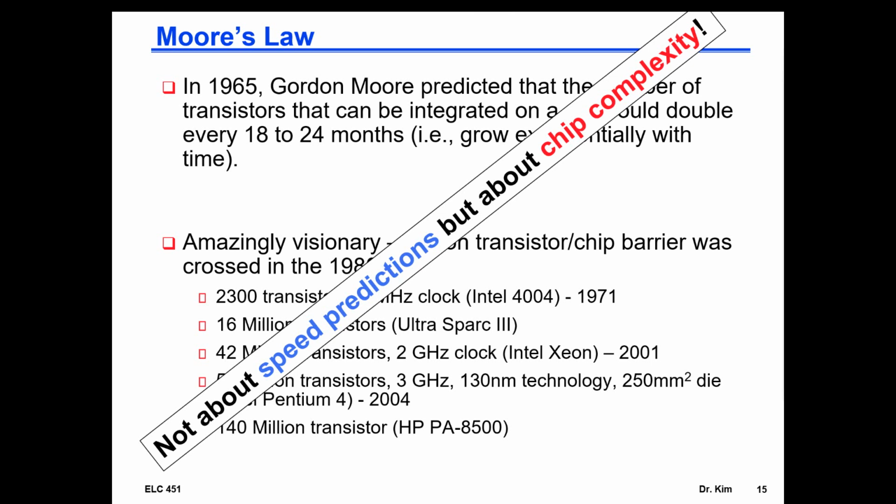Certainly, you could not run at the speeds we run these days had the transistor size, as given by the gate or the electrical channel length, not been reduced.